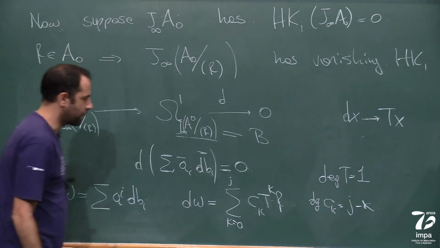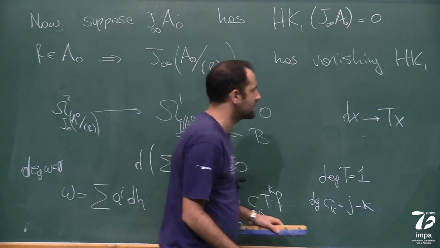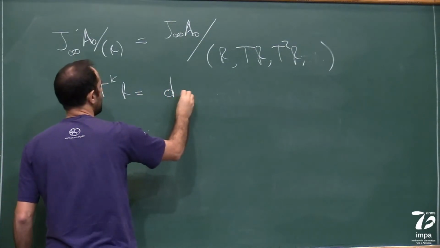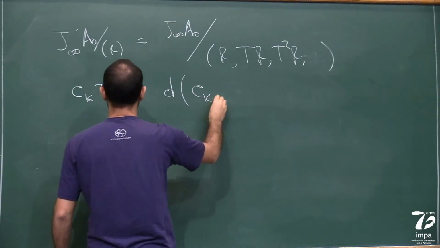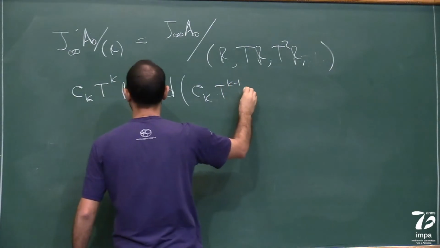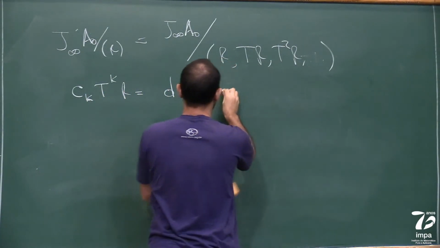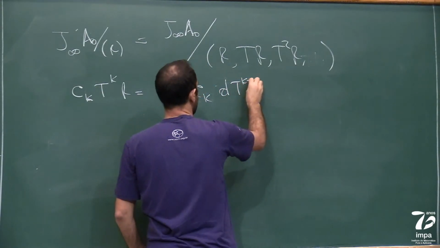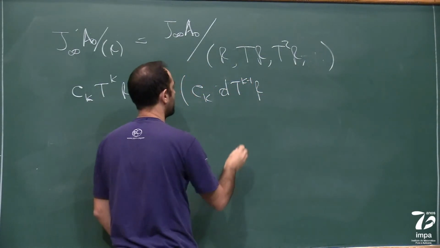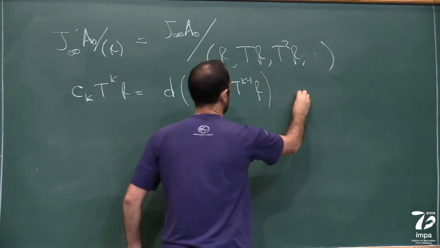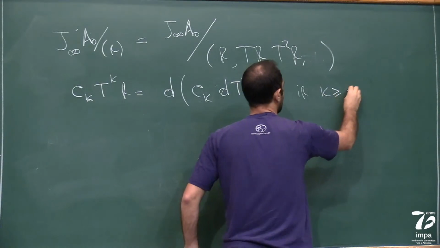Okay, so what I realized is that we can integrate this. We can integrate ck t to the k f as d of ck t to the k minus 1 f, if k is bigger or equal than 1.